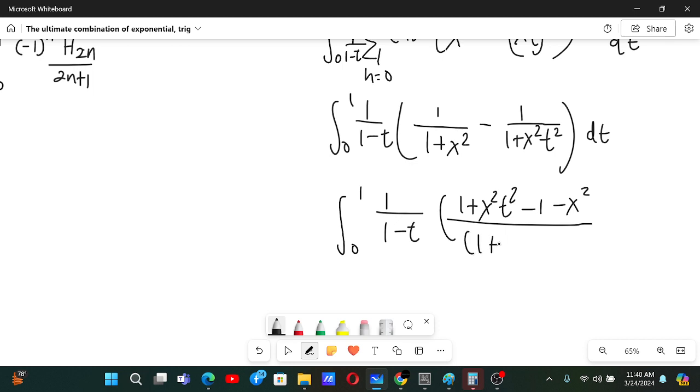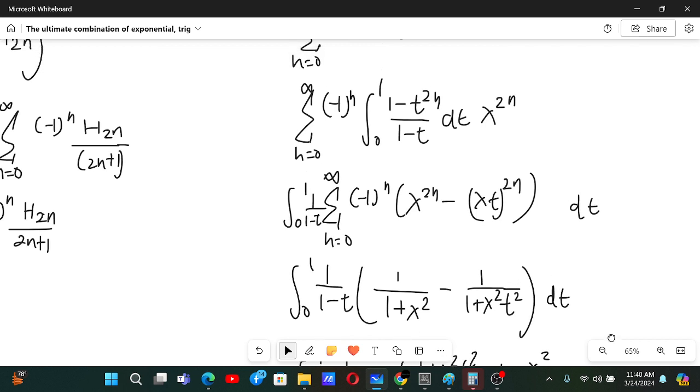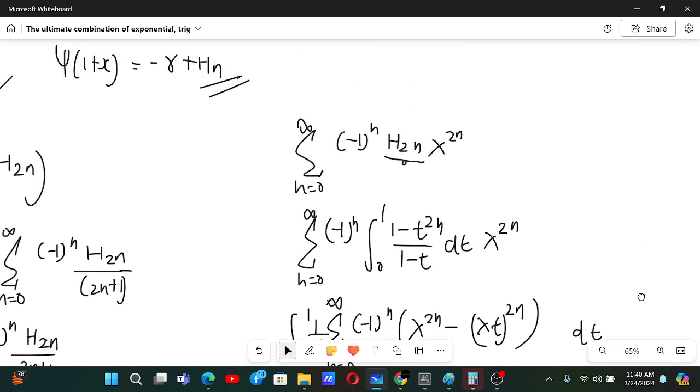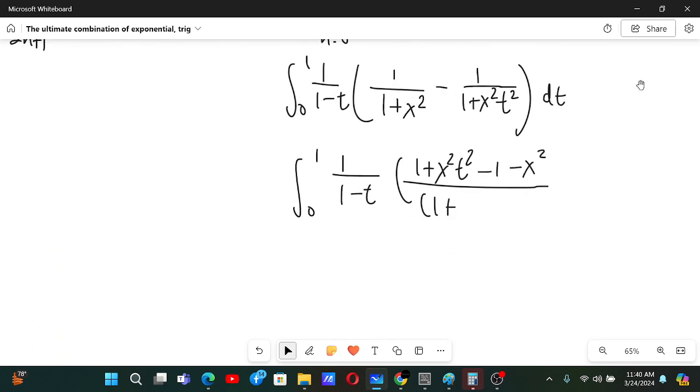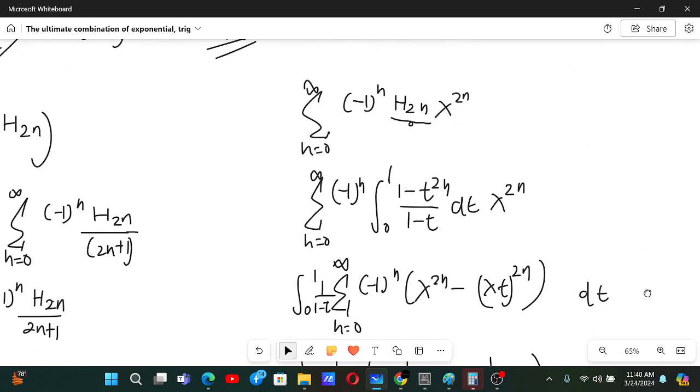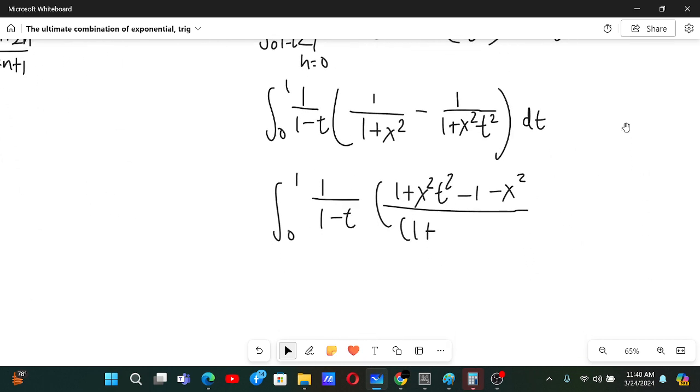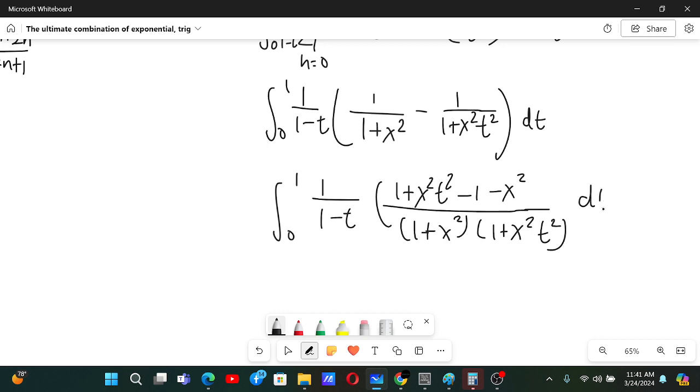1 by 1 minus t, we get 1 plus x square t square minus 1 minus x square, over 1 plus x square and 1 plus x square t square, and then dt.